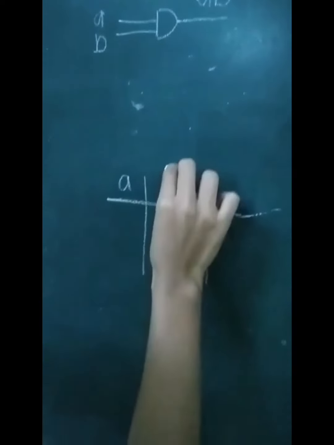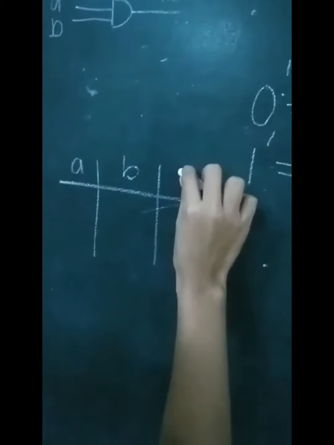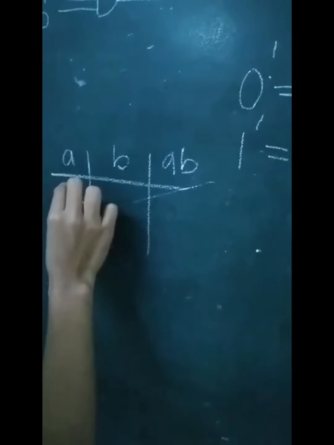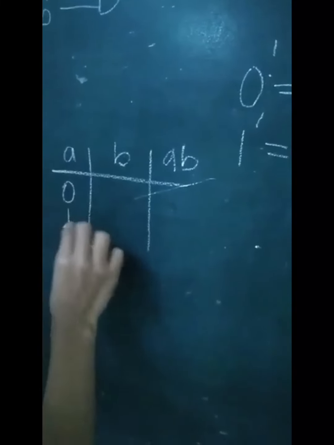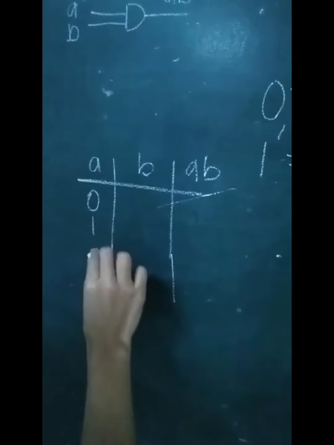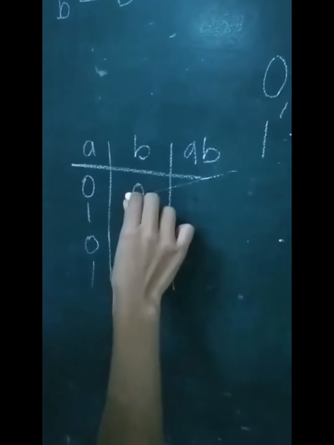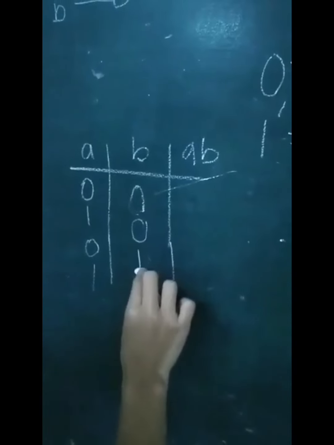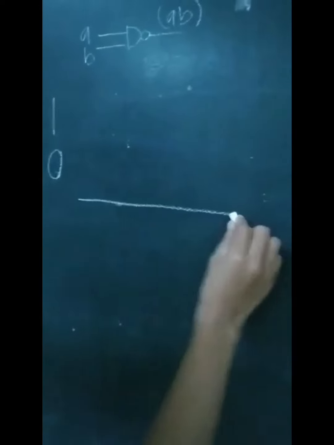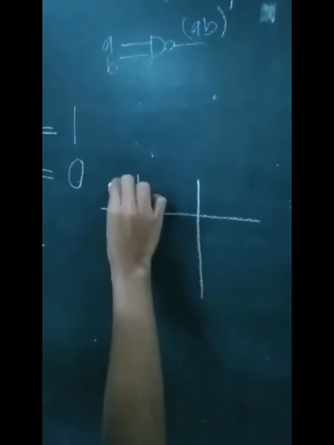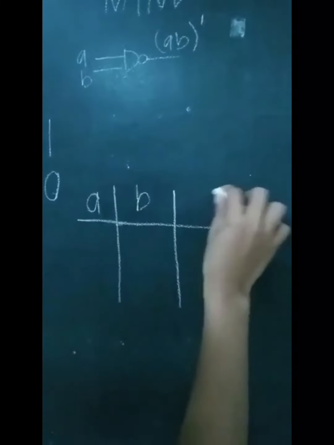Input A, input B, and the output for the AND gate. Input A, input B, and output.